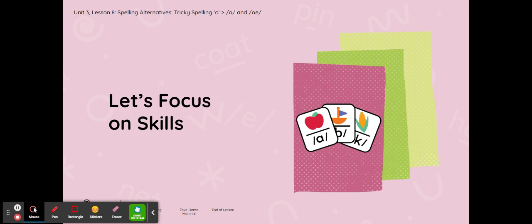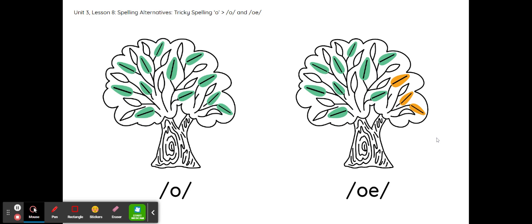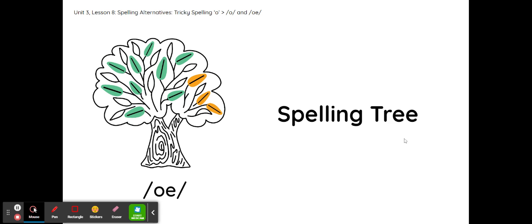Let's focus on skills. Remember our spelling trees. We have our ah spelling tree and we have our O spelling tree. Our spelling tree with the O sound.